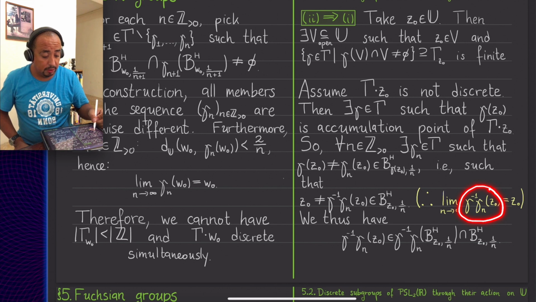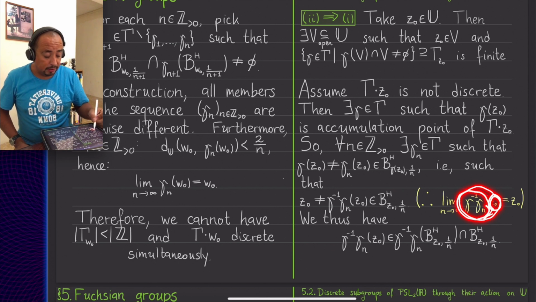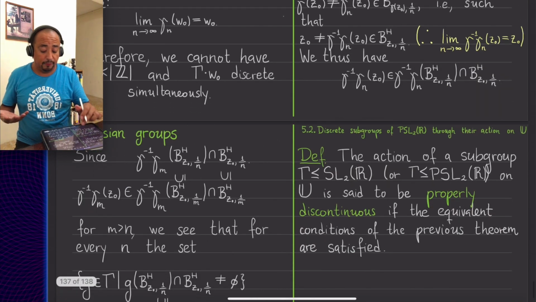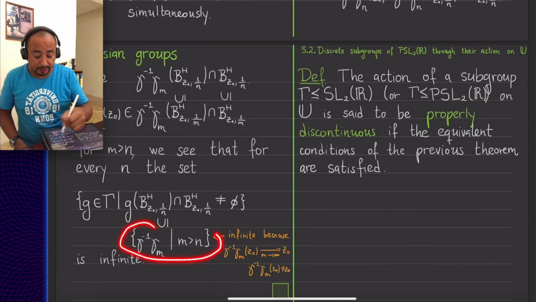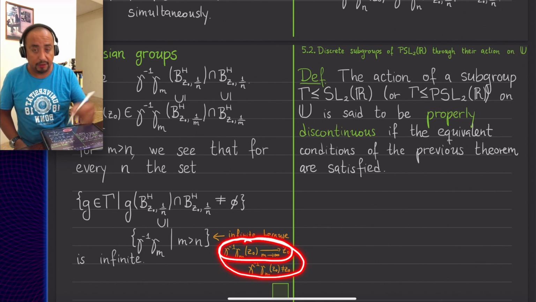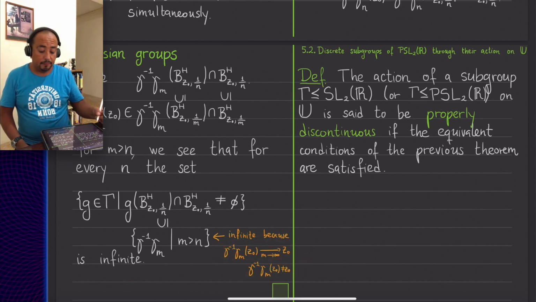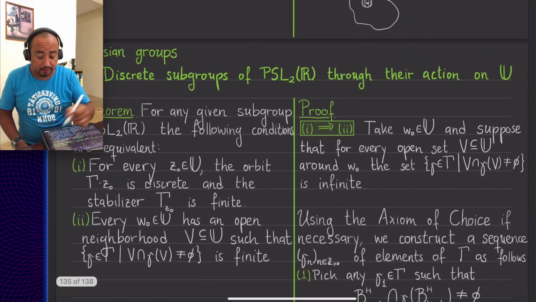But if they are pairwise different, since they are the result of applying the corresponding element to the same point Z0, the elements of gamma cannot be the same. So that's why it's infinite. It boils down to the fact that this convergence is a non-stationary convergence, and that way I contradicted two.